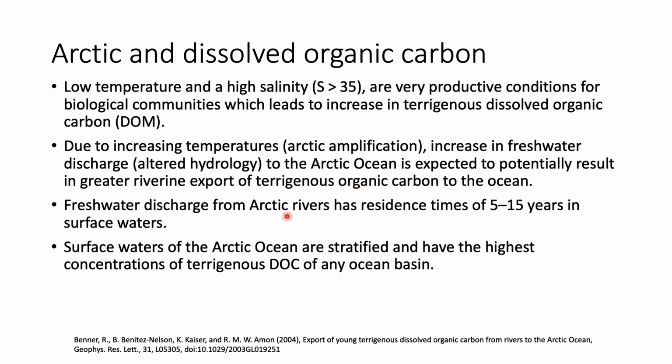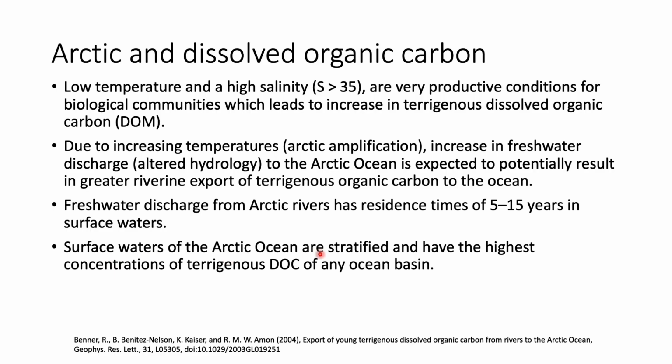The freshwater discharge from Arctic rivers has a residence time of 5 to 15 years in the surface waters. So the ions that are present in the water can be changed by the change of ocean pH. The surface water of the Arctic Ocean is stratified and has the highest concentration of terrigenous dissolved organic carbon of any ocean basin.